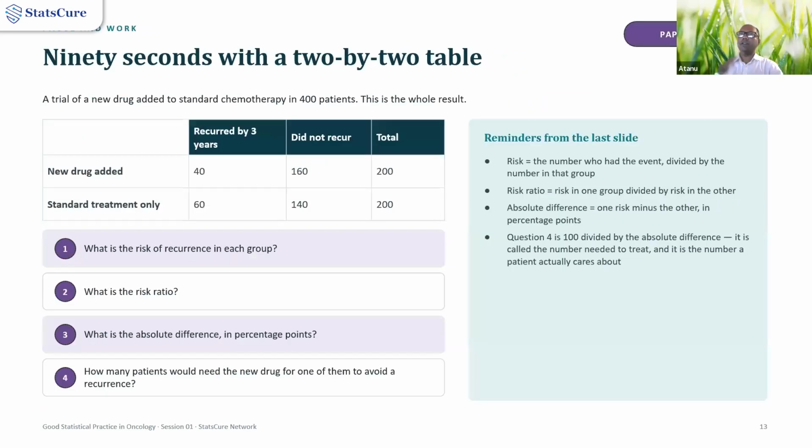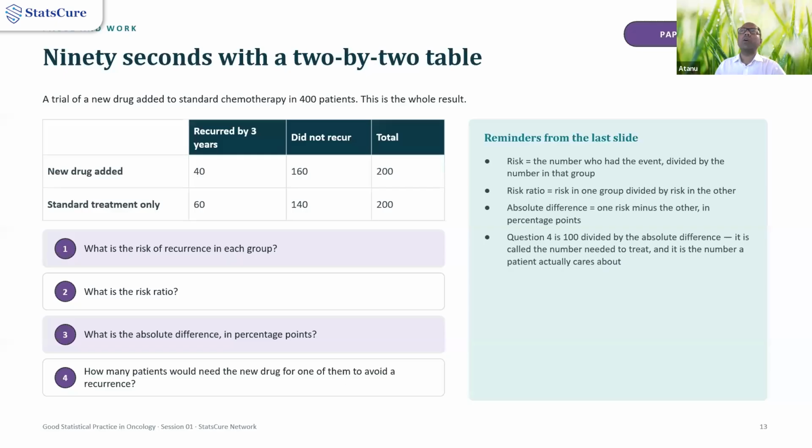Next, go to the next slide, and there is a 2 by 2 table. What is the risk of recurrence in each group, what is the risk ratio, what is the absolute difference in percentage points, and how many patients would we need to treat with the new drug for one of them to avoid recurrence? So risk is the number who had the event.